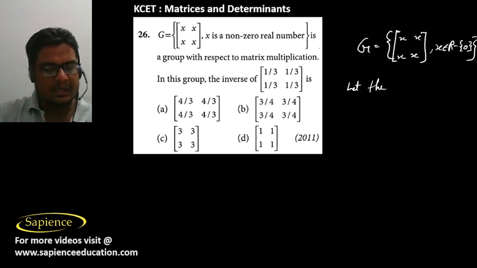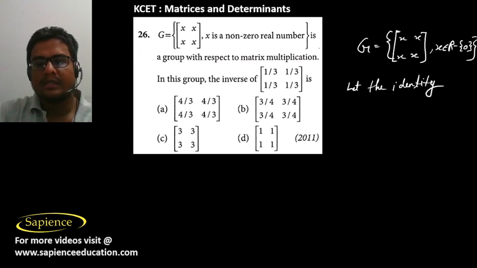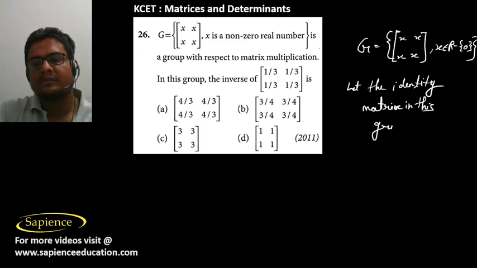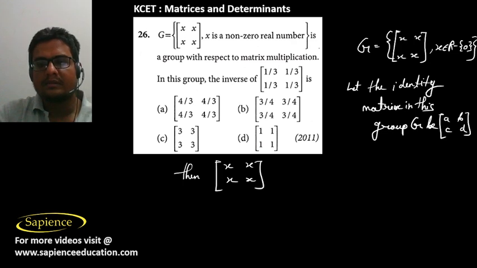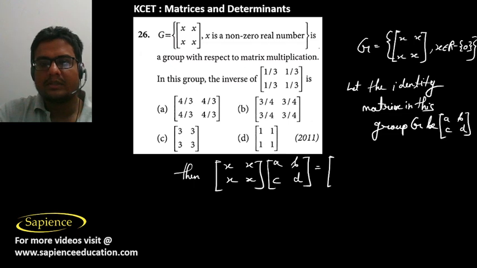Let the identity matrix in this group G be [A, B; C, D]. Then any matrix [X, X; X, X] multiplied by this identity matrix should be equal to that matrix only, [X, X; X, X].